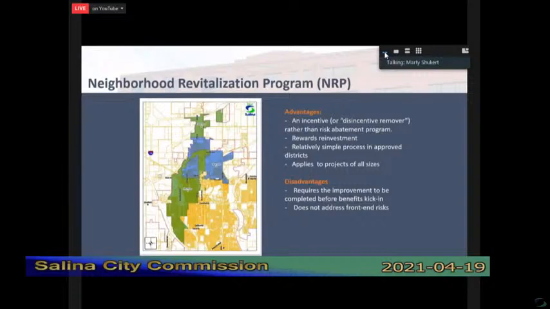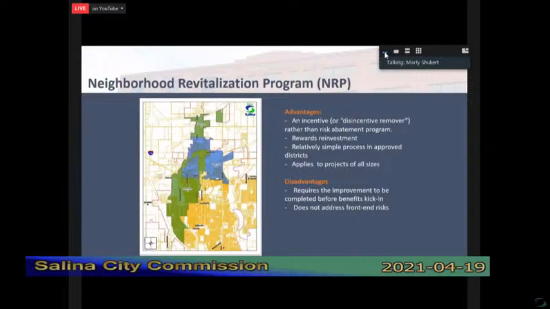It's pretty easy to get these done, much easier than the RHID. And as I mentioned earlier, it applies to projects of all sizes. Easy to get done because these are pre-designated districts already, and you don't have to form a district or go through state approval or any of those processes.